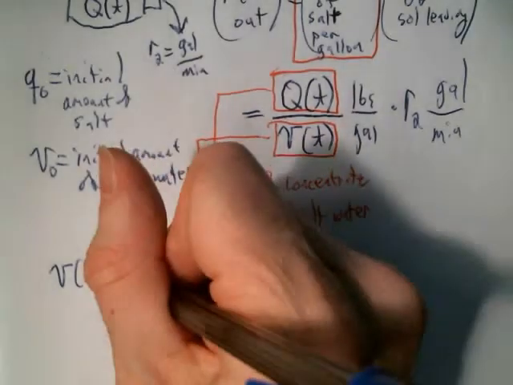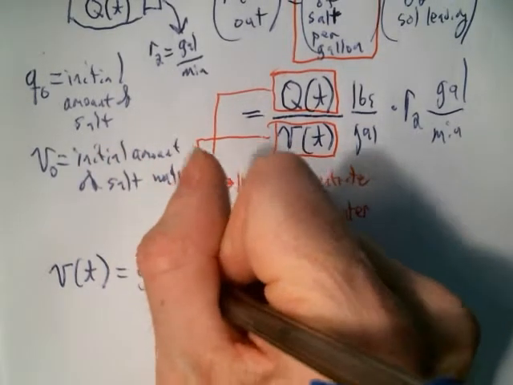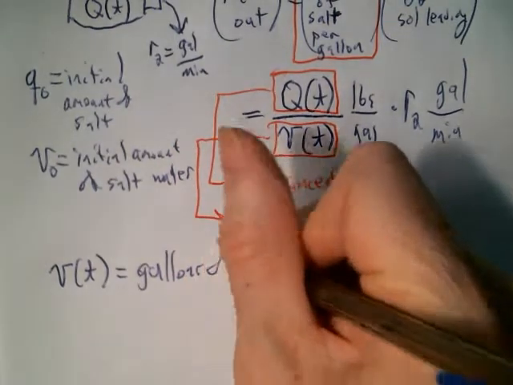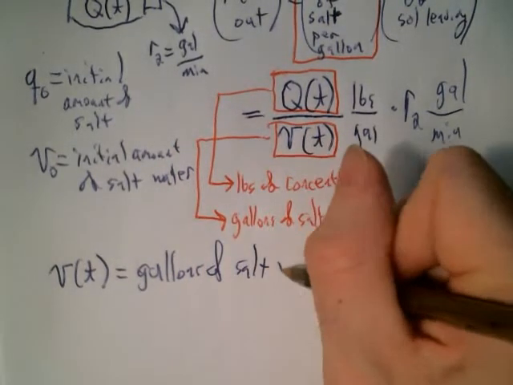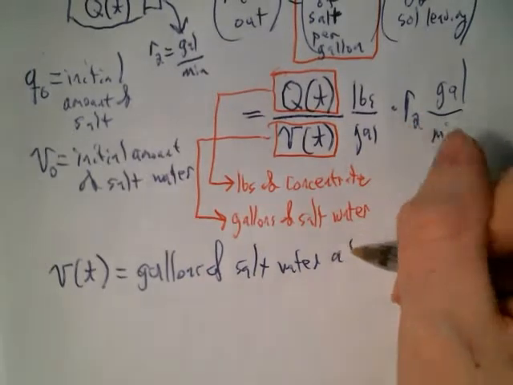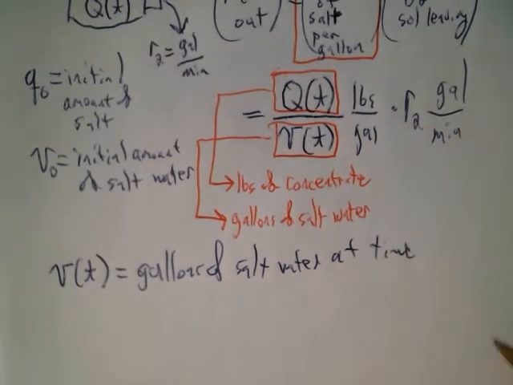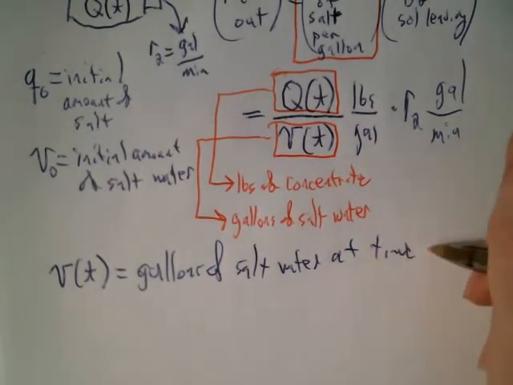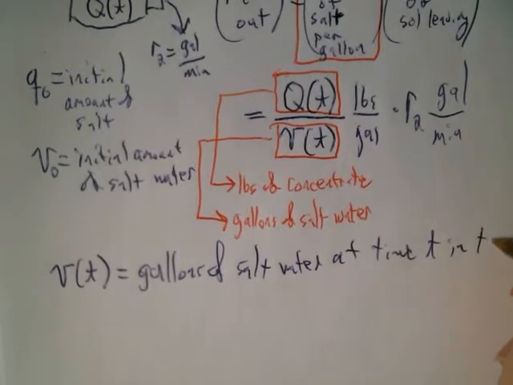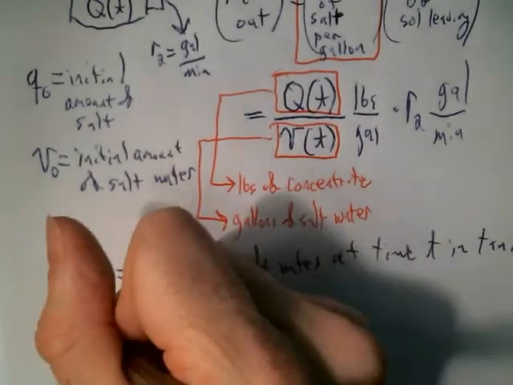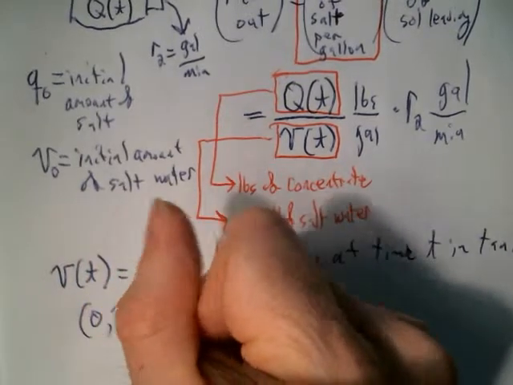V of t is the number of gallons of salt water in the tank at time t. At time 0, we have V sub 0.